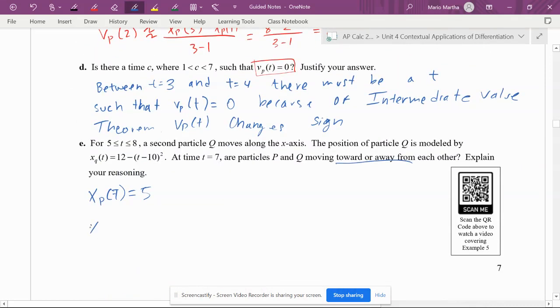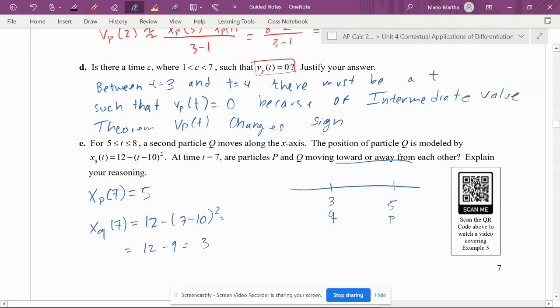And then let's look for x of q of 7 for the second particle, and that would be 12 minus the quantity 7 minus 10, squared. So that gives us 12 minus 3 squared, so 12 minus 9 is equal to positive 3. So by position, this is particle Q, and the other one is at positive 5, which is P.